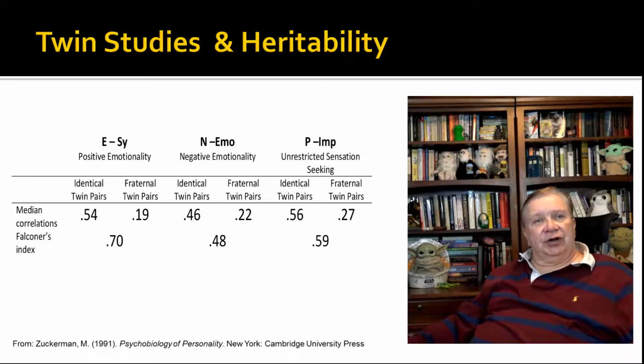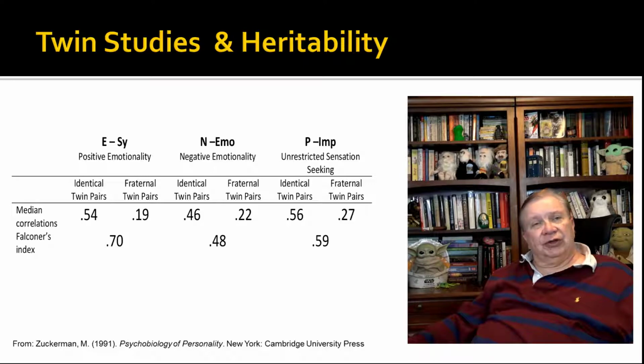Similar but not as strong finding for negative emotionality. You get 0.46 and 0.22 and a 0.48 Falconer. Still very respectable, almost half of the variance. And finally, unrestricted sensation seeking, you have 0.56 versus 0.27 or a 0.59.